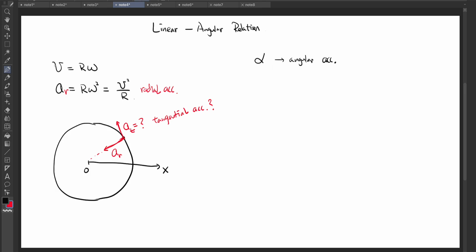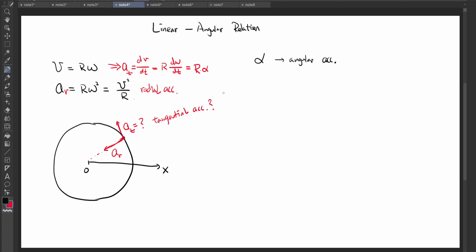If I start from this equation and take a derivative on both sides, keeping r as a constant, then we have dv dt equals r d omega dt. Now d omega dt is called alpha, so it's r times alpha. And this dv dt is what we call AT here.